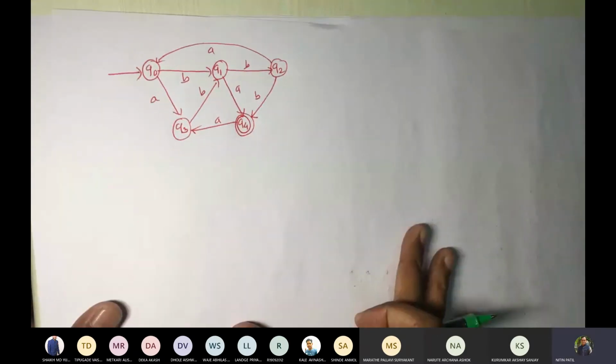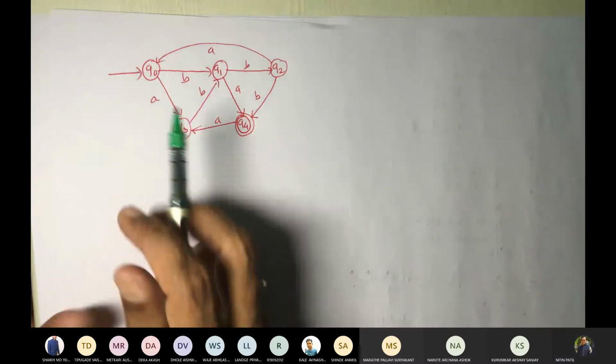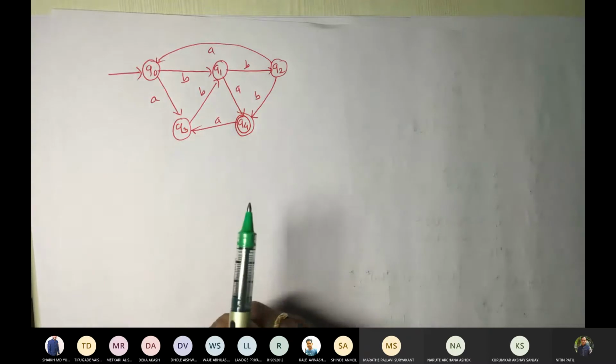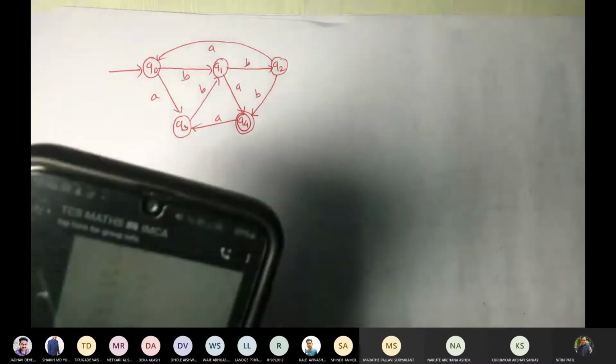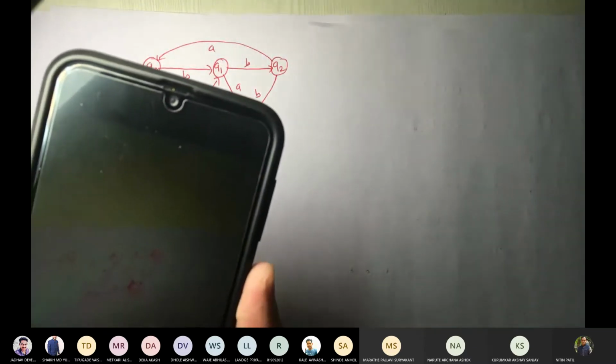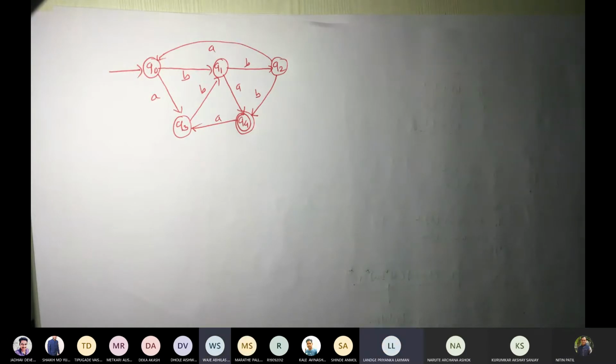So how many incoming transitions are there for Q0? How many incoming transitions are there in this diagram for Q0? 1.